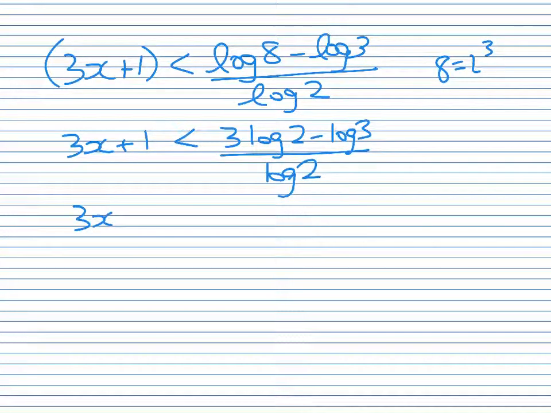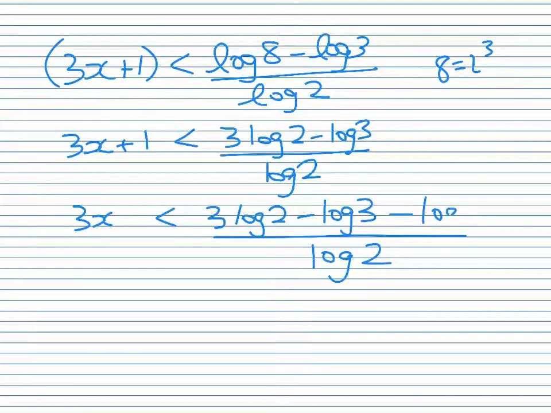Subtracting 1 from both sides gives me 3x is strictly less than 3 log 2 minus log 3, over log 2. Now I'm taking 1 from both sides, and my common denominator is going to be log 2, so I'm going to have minus log 2 here. So what do we get now?